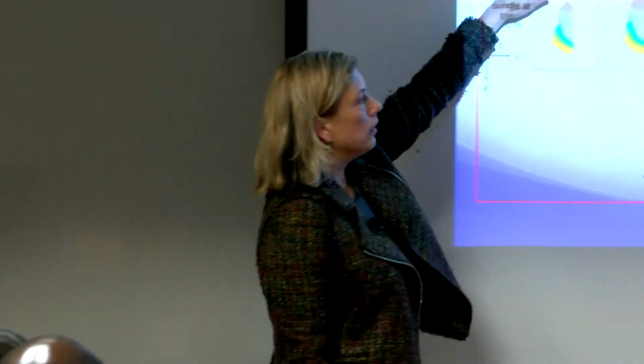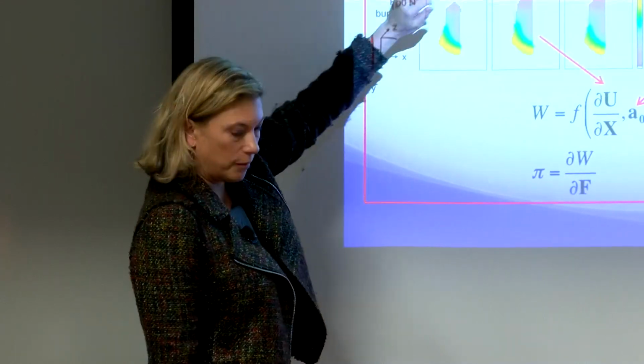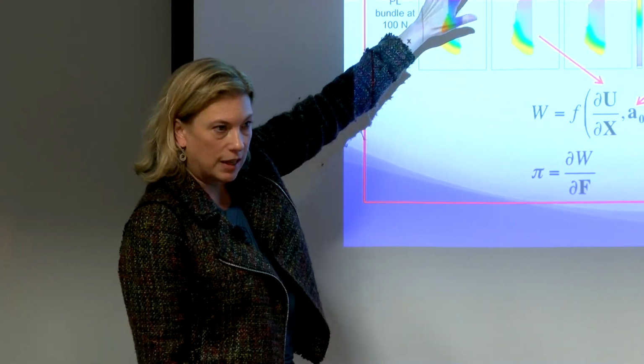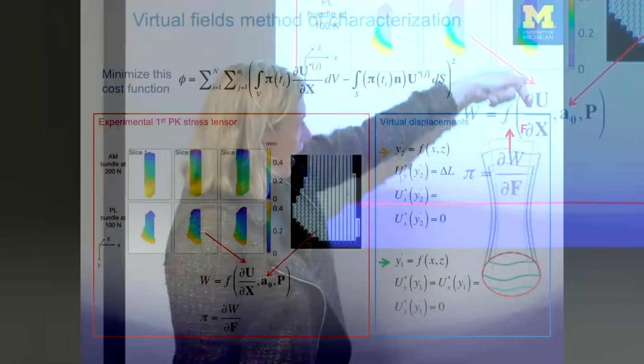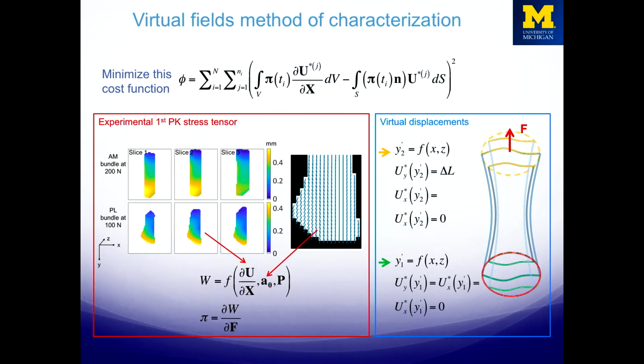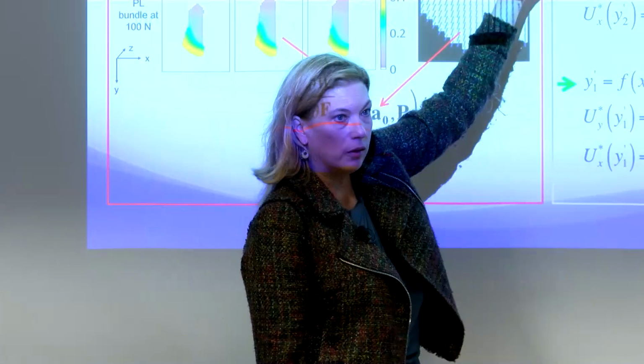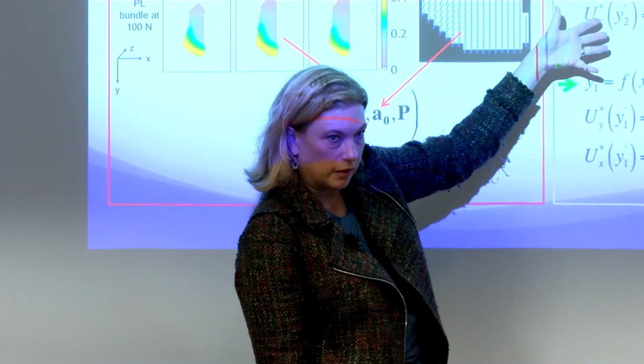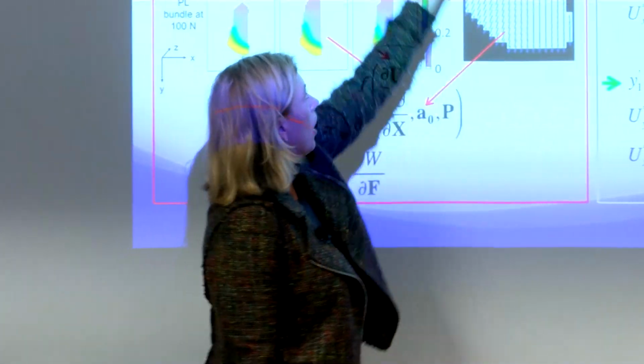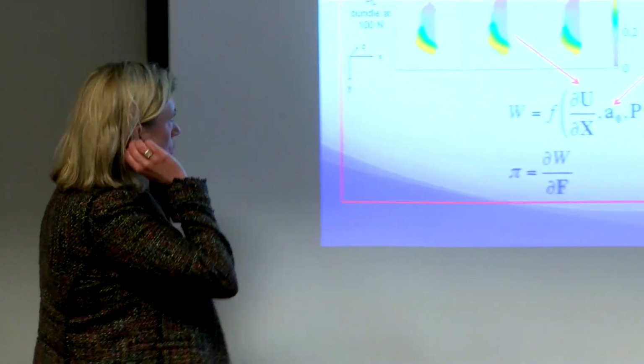So from the MR data, we have the actual displacement fields. We can see from MRI the local orientation of the fibers, and the virtual fields method has us come up with plausible, compatible displacement fields that are U star in the cost function here.